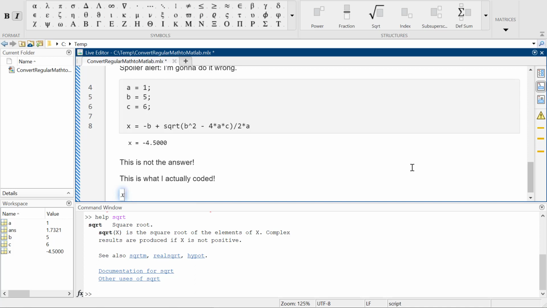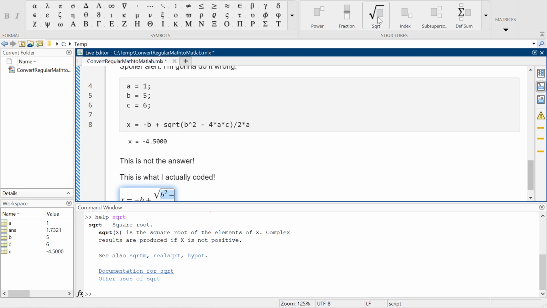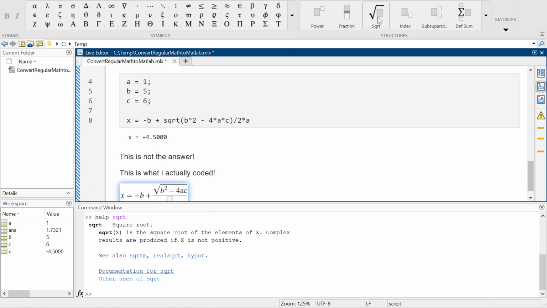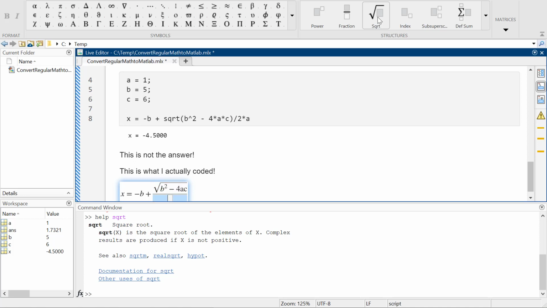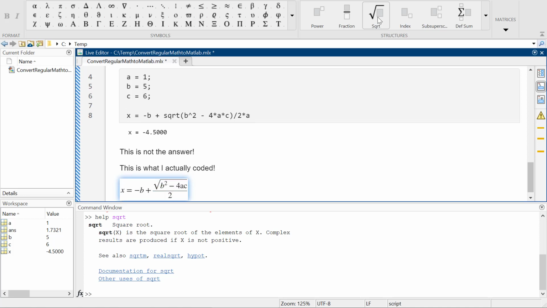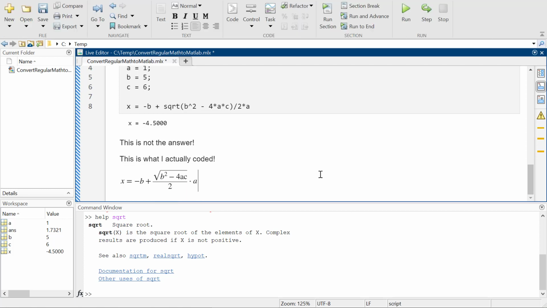What you actually coded is x is equal to -b, and it's adding the fraction of the square root of b squared minus 4ac over 2, and then it's multiplying the whole thing by a.